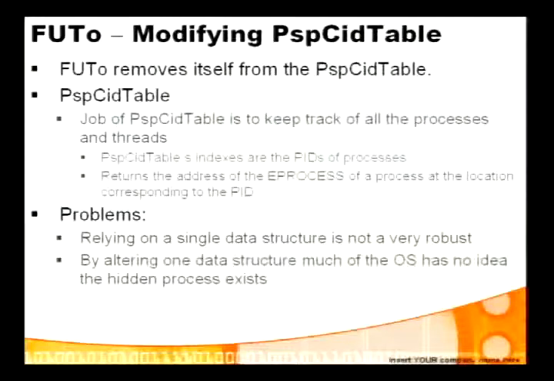What FU2 did was find these handles and remove the handle from the table, and therefore hide the process. The reason that some of the rootkit detectors relied upon this PspCidTable, however, was that it was a single point of failure for them. Once FU2 came along and just obliterated its entry in that table as well, then the detection no longer worked.